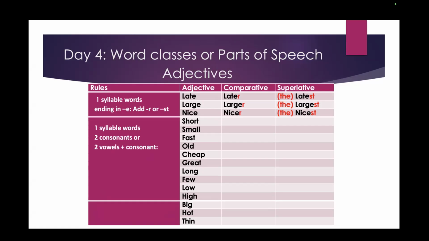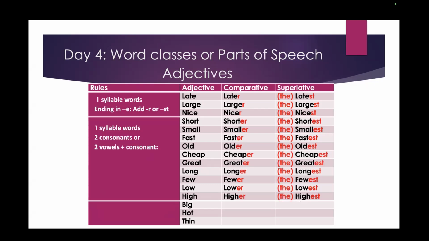Next in line, if we have a one syllable word that has two consonants or two vowels plus a consonant, then now we know that for the comparative cases, we have to add ER, and for the superlative cases, we have to add EST. So smaller, the smallest. Few, fewer, the fewest.